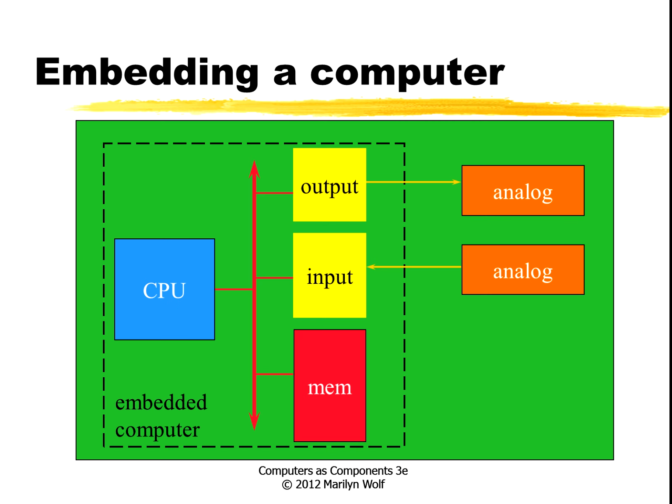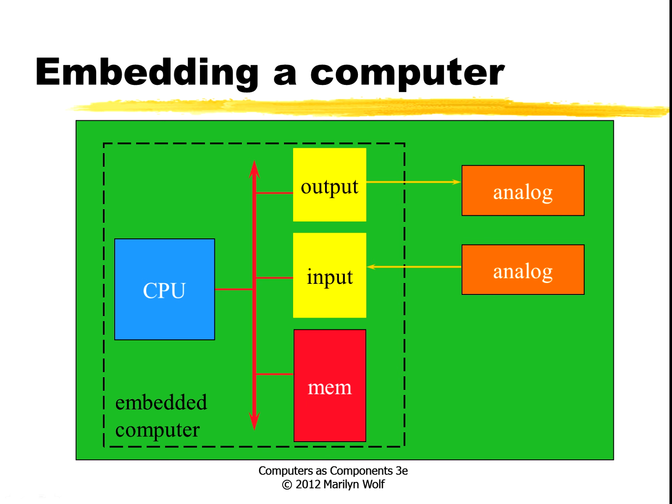So here is a block diagram for a generic computing system. This could be the computer in your laptop, or it could be an embedded system. So we have a CPU, we have a bus that connects the CPU to some memory and some I/O devices.